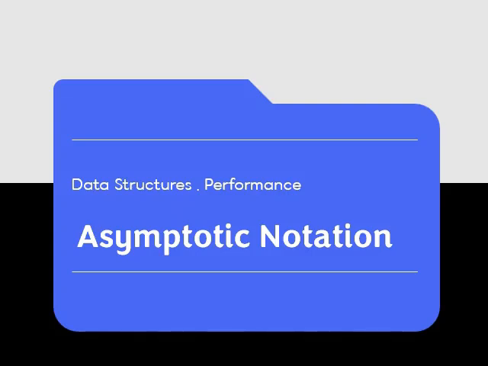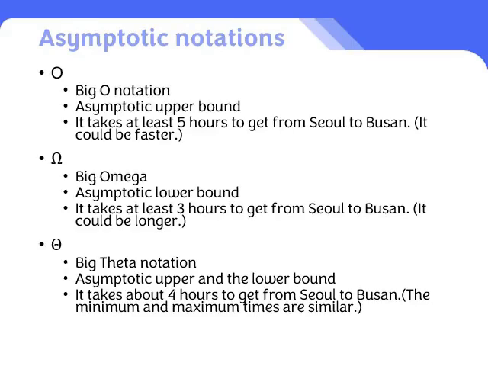So there's a more important method that comes into play. It's called asymptotic notation. There are three types of asymptotic notation. I'll explain how these notations differ by using the example of traveling from Seoul to Busan.